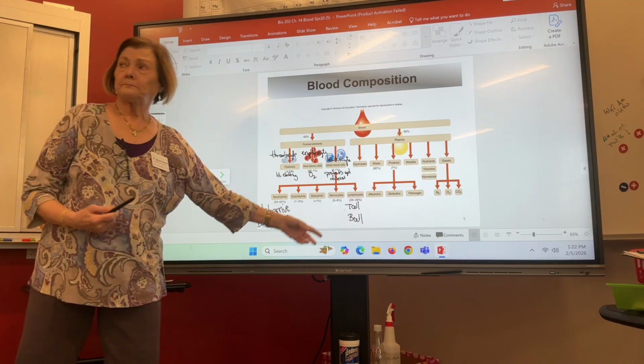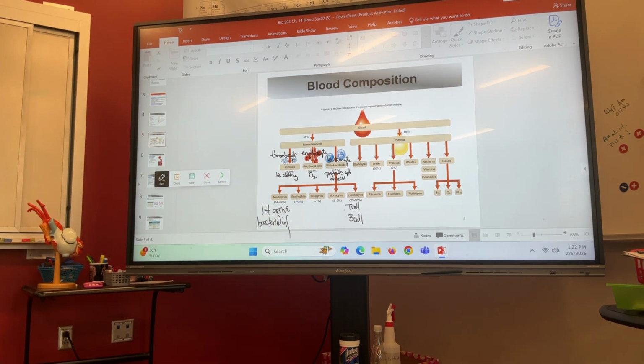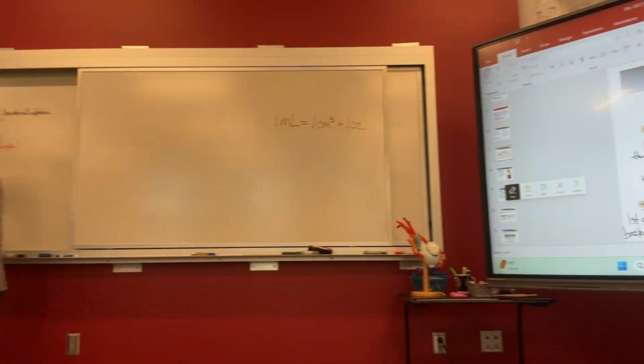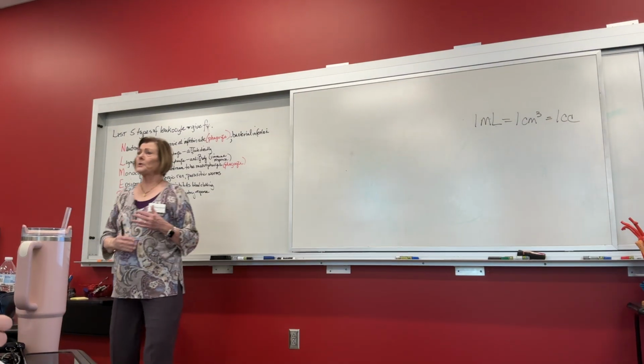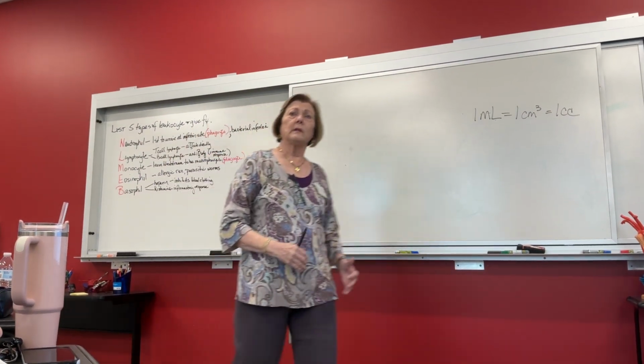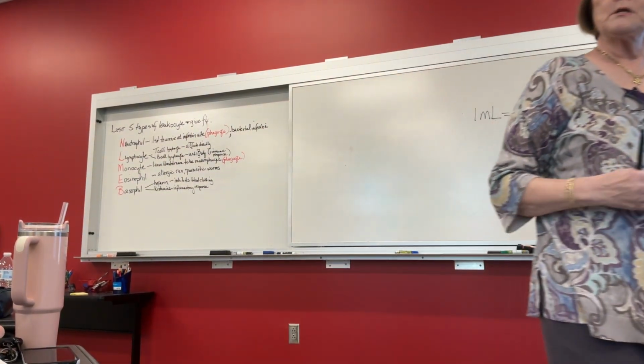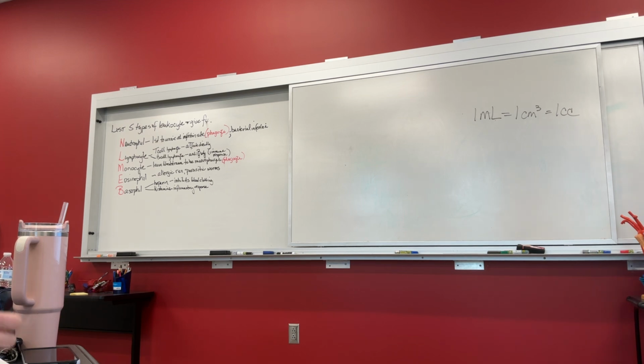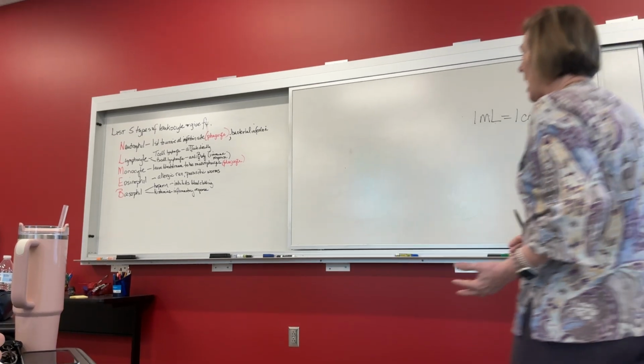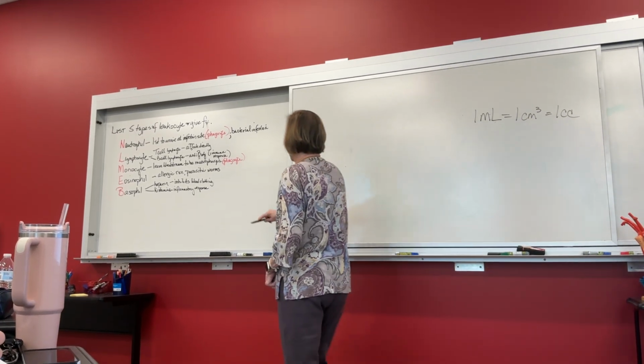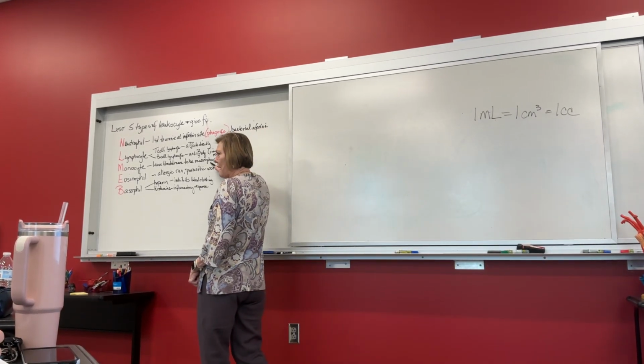And then the next type are monocytes. Now, monocytes are a type of lymphocyte that as soon as they leave the bloodstream, they change their names, okay? And their name change will be macrophages.